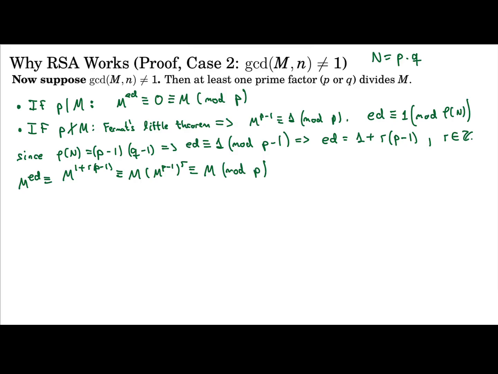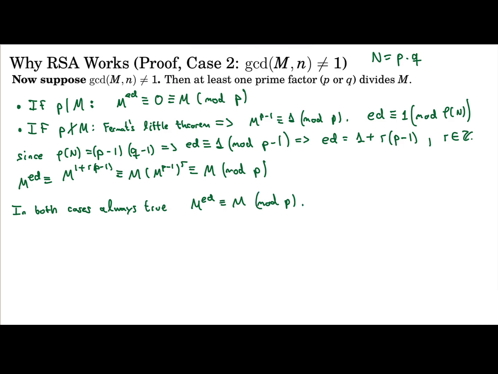So in both cases, if P divides M and if P doesn't divide M, so those are all the possible cases, it's always going to be true that M to the ED is congruent to M mod P.